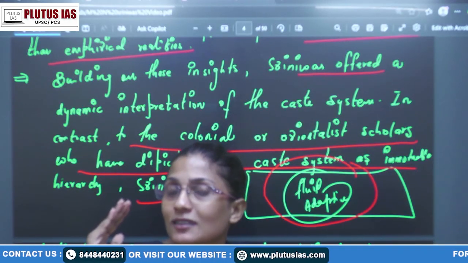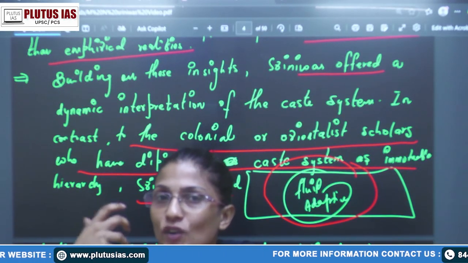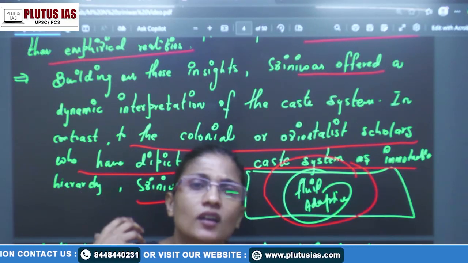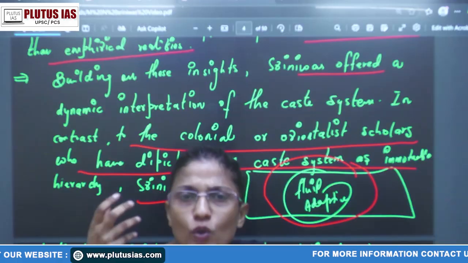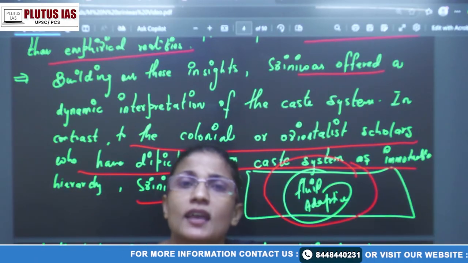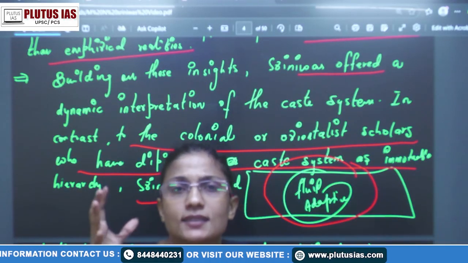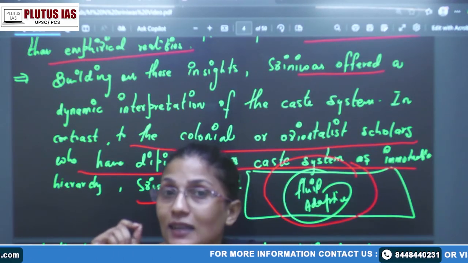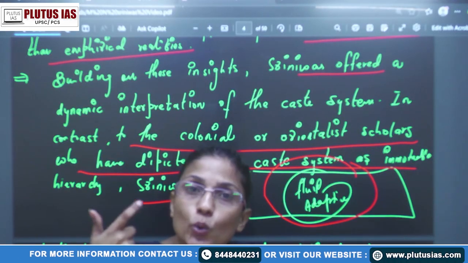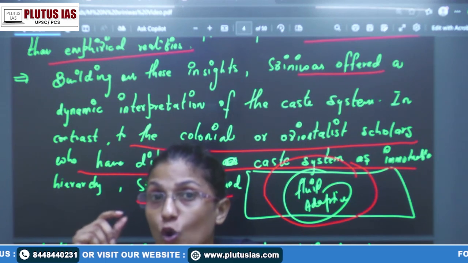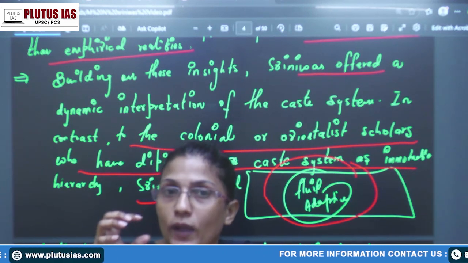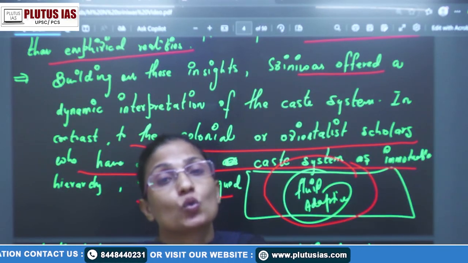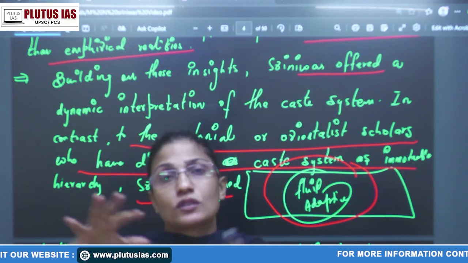Now, M.N. Srinivas explains that if you focus and get ethnographic details by using participant observation and interviews, noticing many things, then with realities and facts you would see how even the caste system in India is fluid and adaptive. This is the core point you have to take away. I hope you understand how you have to see this sociology.